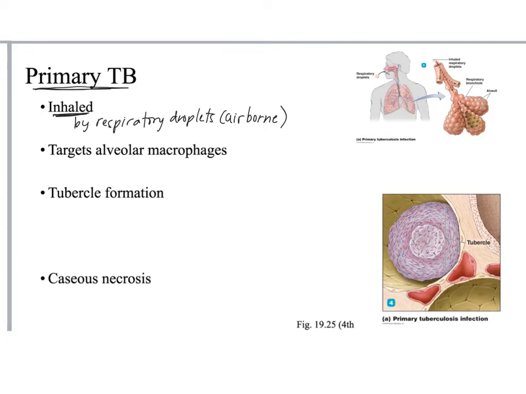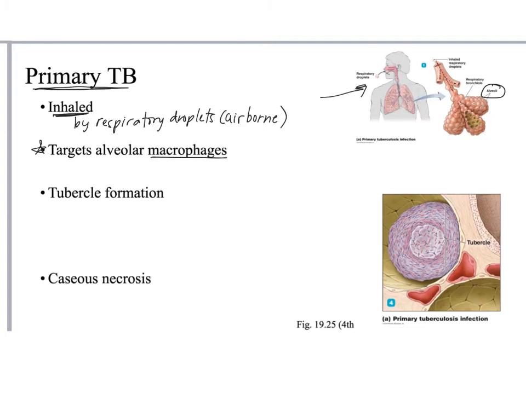So again, this picture, the patient inhales it, and then typically it travels to kind of the very ends of your bronchial tubes, to the alveoli, okay, and targets the alveolar macrophages, okay, so deep within the lungs. And the bacilli actually invades and lives right in those macrophages.